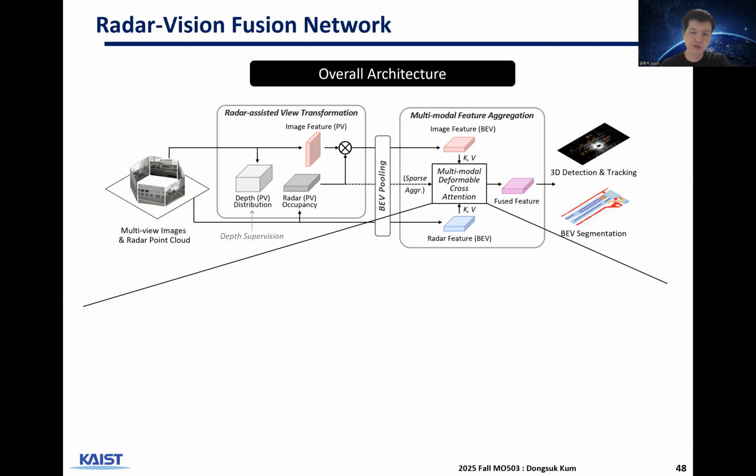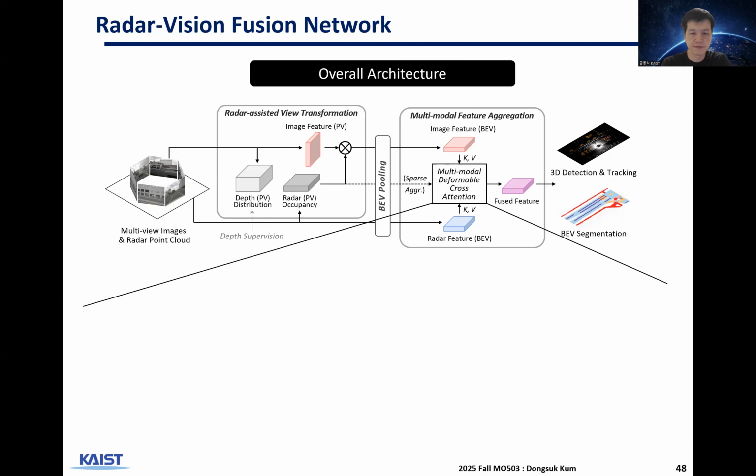We used cross attention to fuse radar features and image features. Of course, we had to align the space in bird's eye view, and then fuse. Then the fused feature is used for mapping and detection.